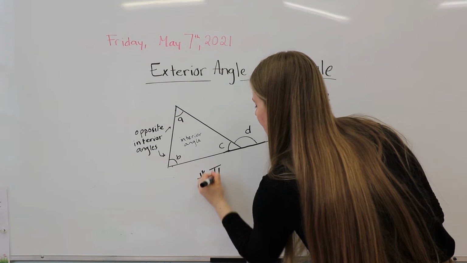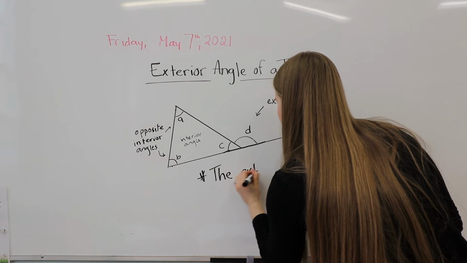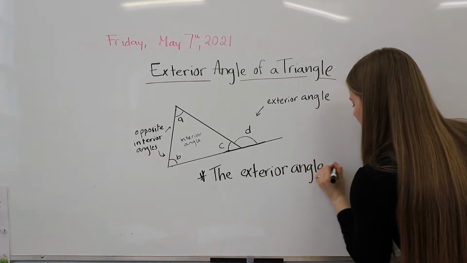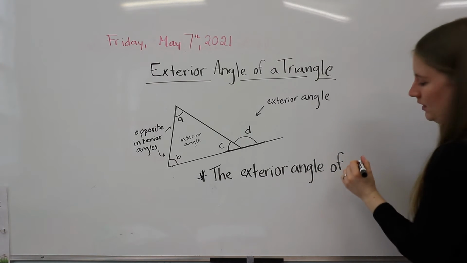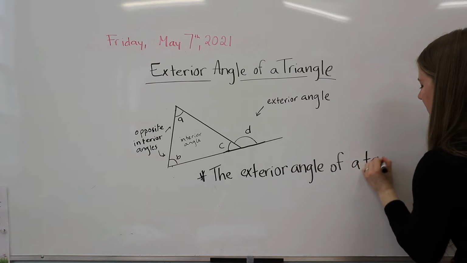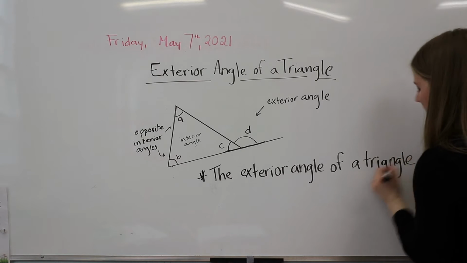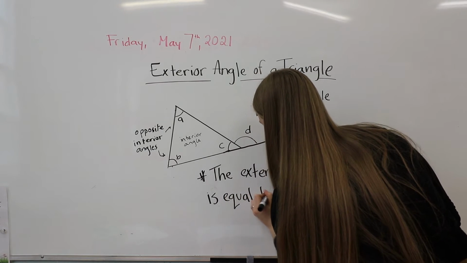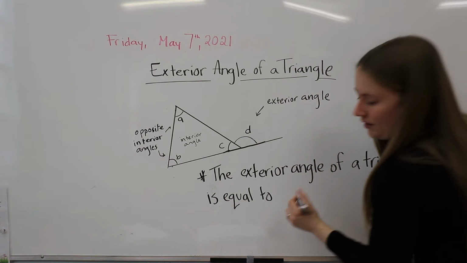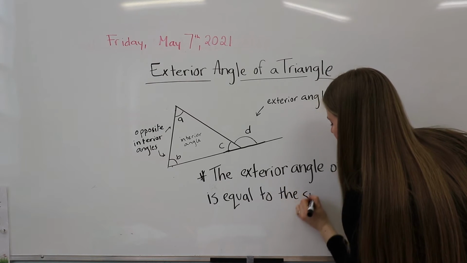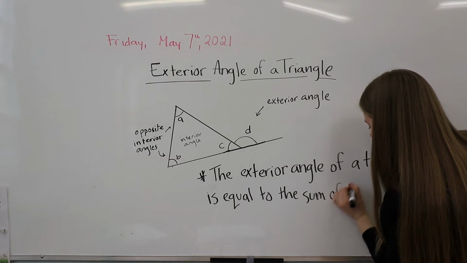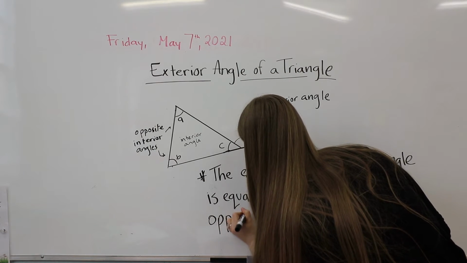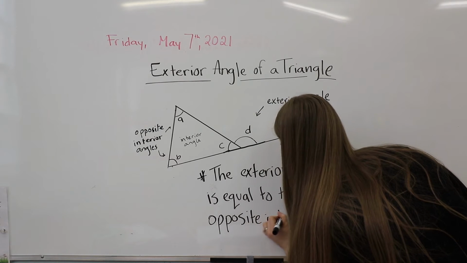The exterior angle of a triangle is equal to the sum of the opposite interior angles.